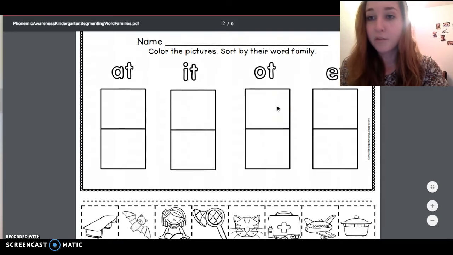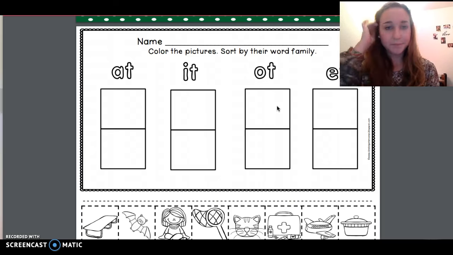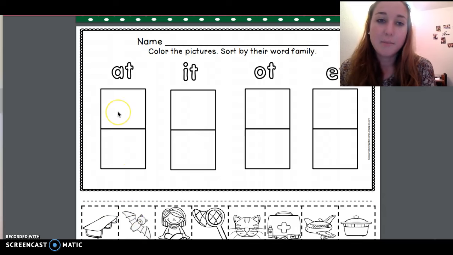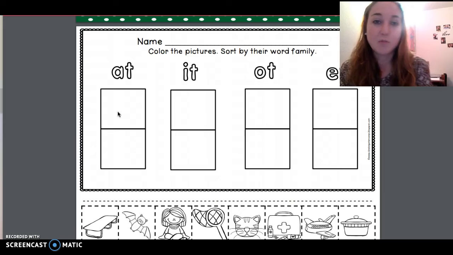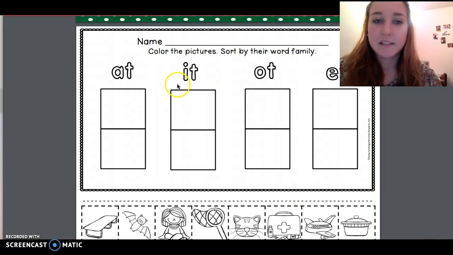So their word families that they're talking about here is the ending of each of these words. So the AT, you could use bat and cat. And so the students would color these pictures, cut it out, and put it under the at in the word family. And then the next one ends in IT, so it.